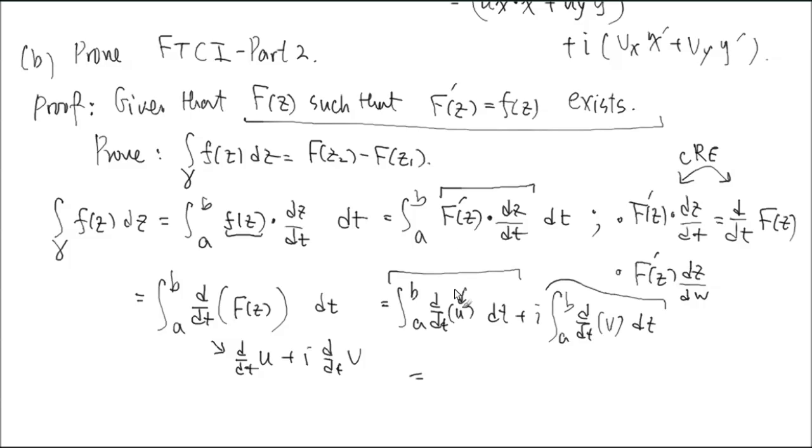So the operation goes like this: differentiate and integrate, right? This is the entire operation. Differentiate and integrate, or integrate and differentiate later. How do these two operations work together? They cancel each other, right? So it really is u evaluated at a and b, plus i times v evaluated at a and b. If you put them together back into F form, that's exactly F2 minus F1.